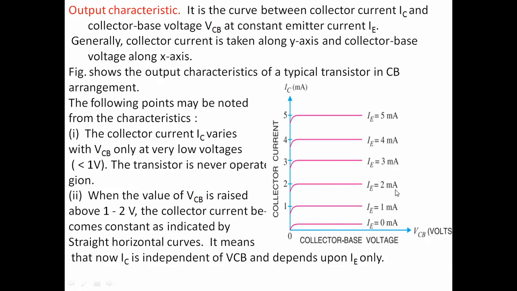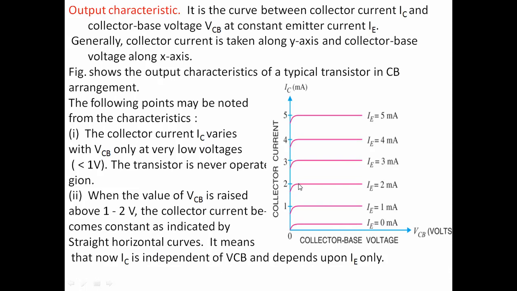When IE is 2 milliamperes, if we increase VCB from 0 to 1 volt, it rises from this point to this point. After that, from 1 volt to further 2 volts, the IC current is almost constant. It means that IC is independent of VCB.